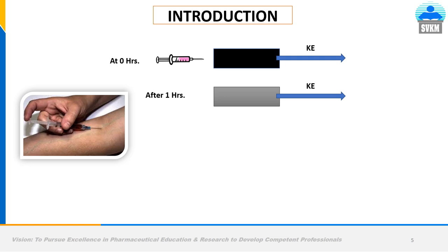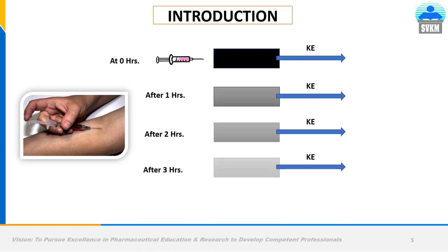So as absorption takes place, the elimination of drug also takes place side by side. Again, as the time increases, the concentration of drug decreases. After 3 hours, again the concentration of drug decreases, and after 4 hours, again the concentration of drug inside the body decreases, because after absorption the elimination is going on.